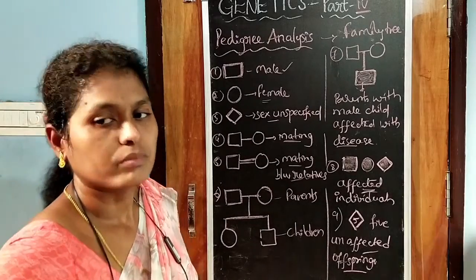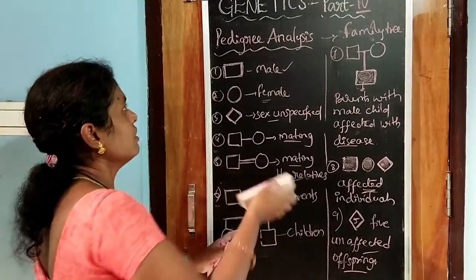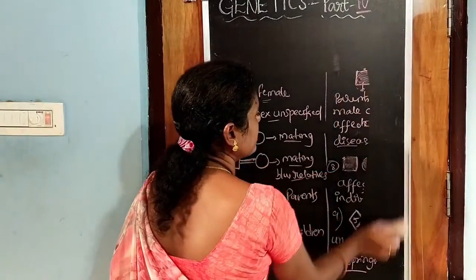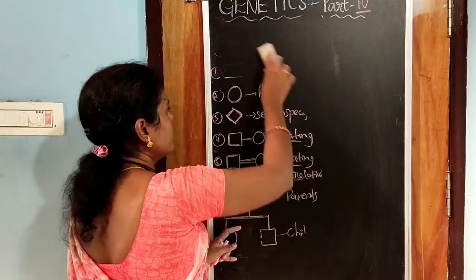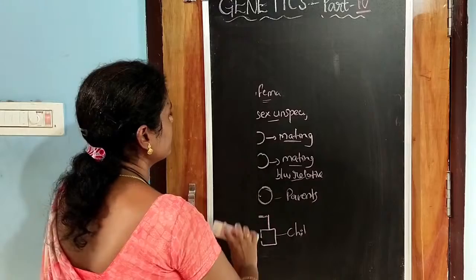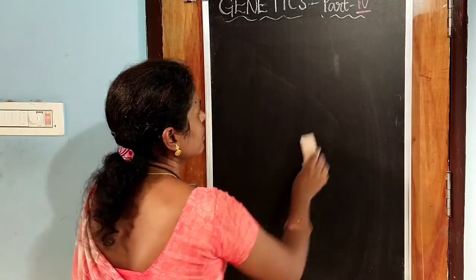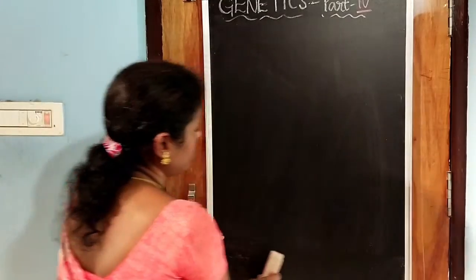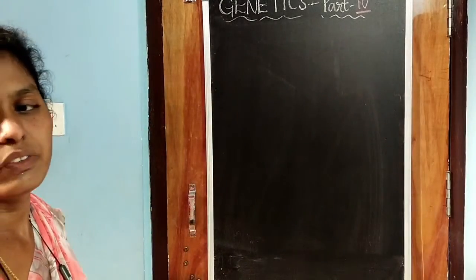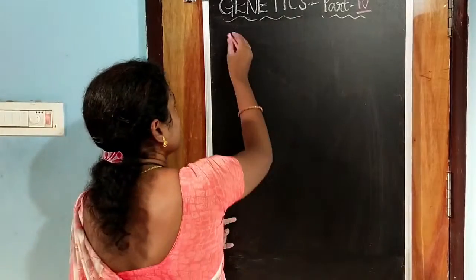Now the next topic is genetic disorders. A genetic disorder is a syndrome or disease caused by an abnormality in an individual's DNA.